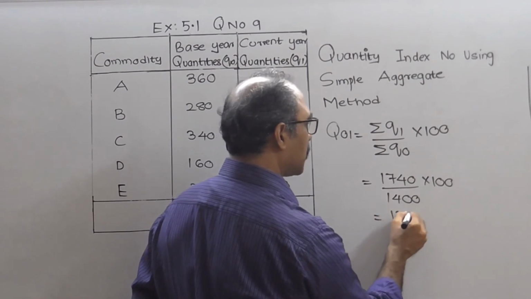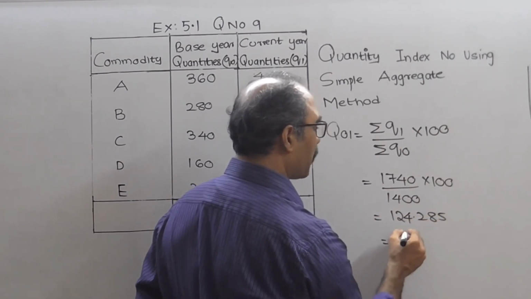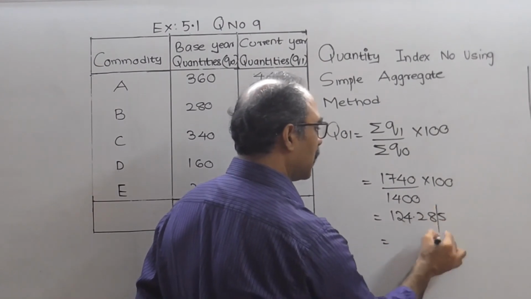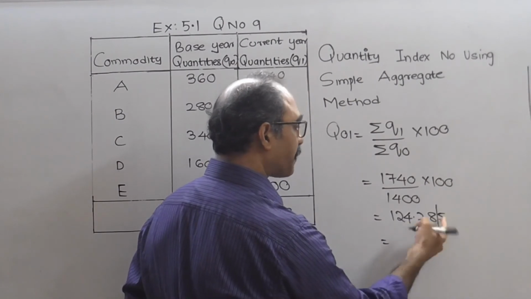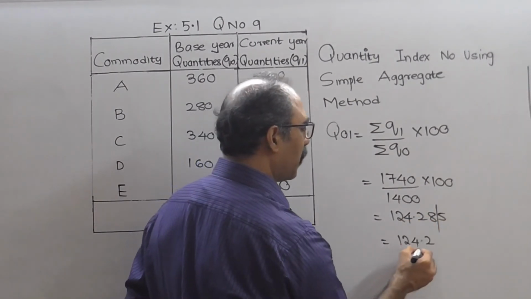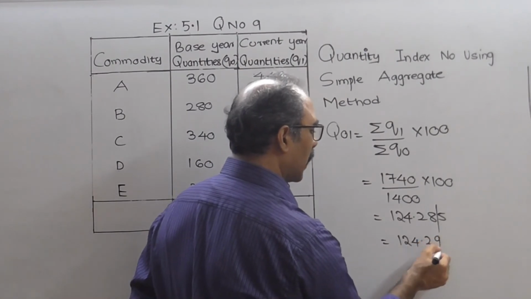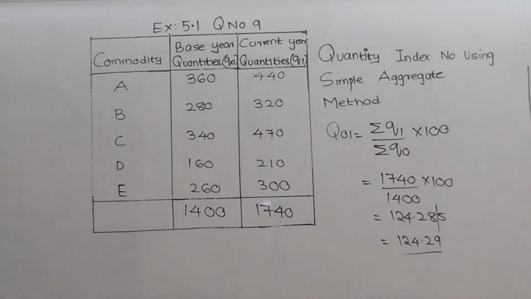The answer for this is 124.285, and rounded off up to 2 decimal places. If the third number is 5 or greater than 5, you have to add 1, that is 124.29. Please copy.